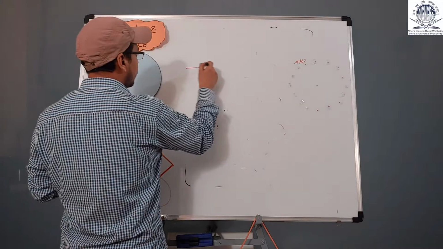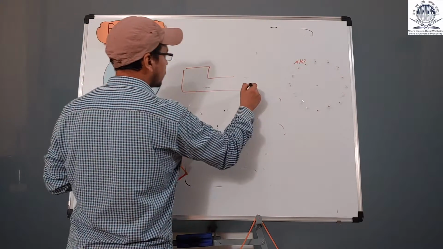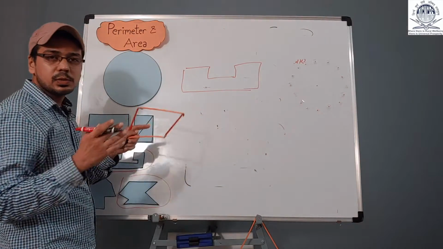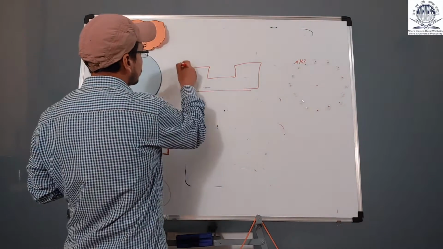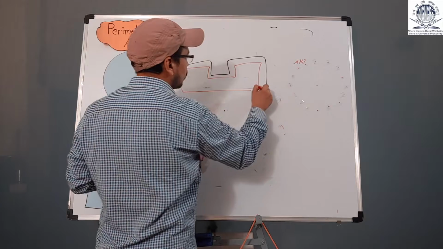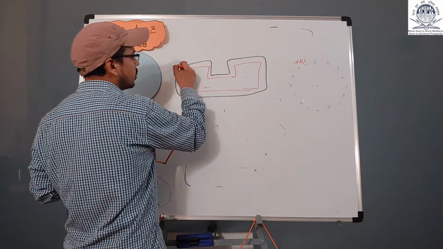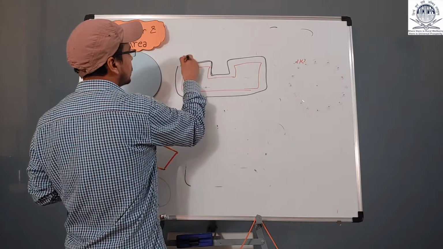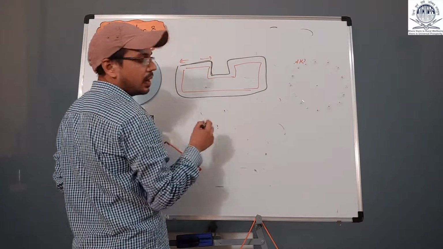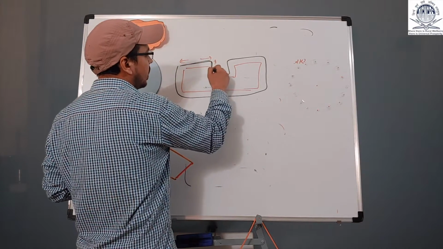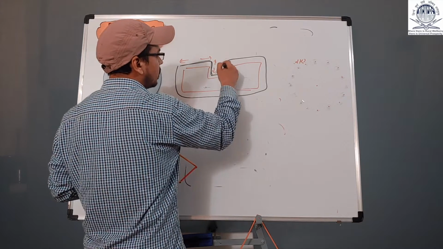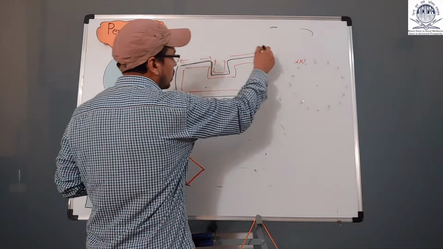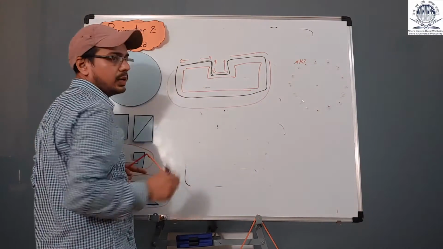In these kinds of figures, we need to understand what perimeter is, and we know the perimeter is mostly outside. So we'll calculate the total amount of lengths: first I'll calculate this length, then add this length, and then the third and the fourth. When we keep on adding the lengths, the total amount of lengths gives me the perimeter.